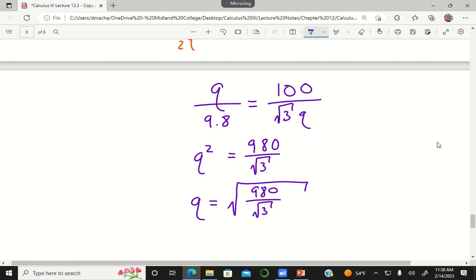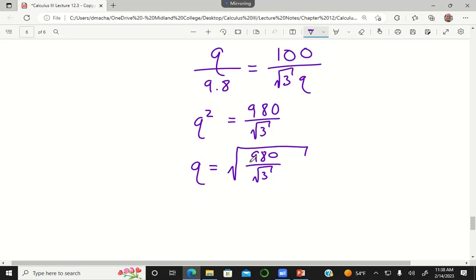Somebody with a calculator, tell me what is the square root of 980 divided by square root 3?